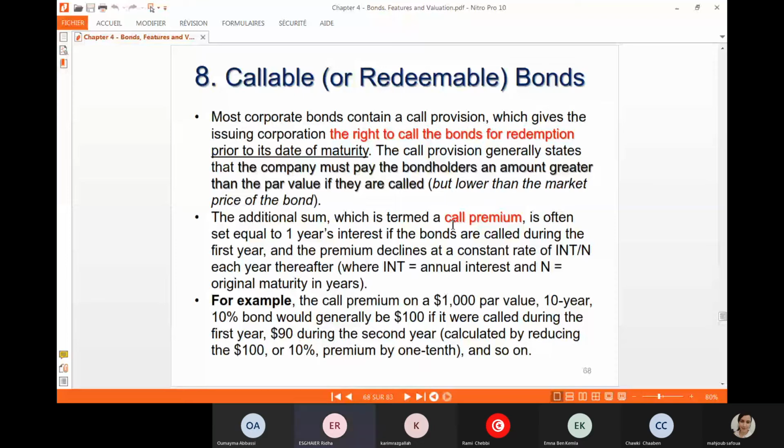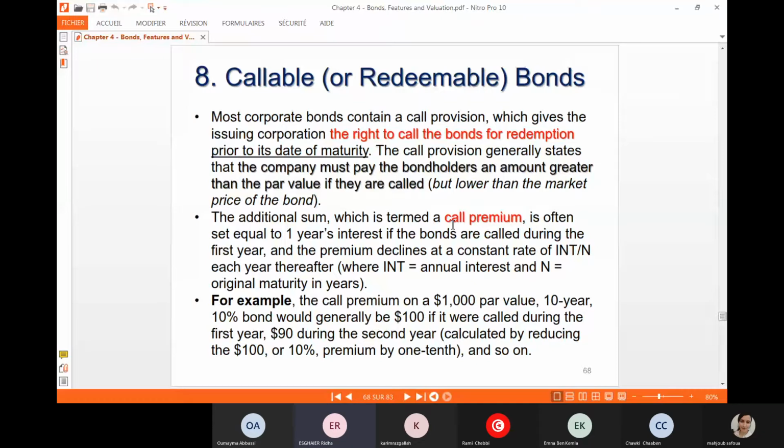When the company sells a callable bond, for example, with a maturity of 20 years, and the interest rate is 10%. The coupon rate is 10% because the market interest rate, the yield to maturity, is 10% too. So we set a coupon rate equal to the market interest rate, 10%.